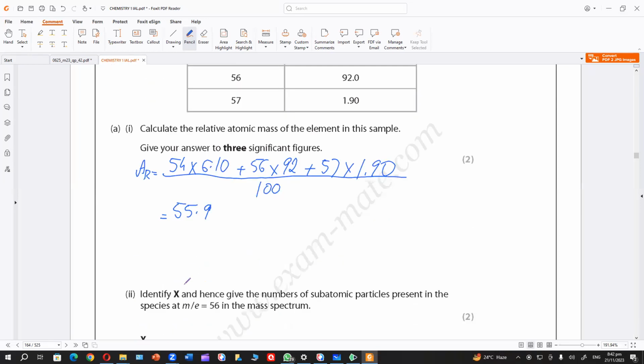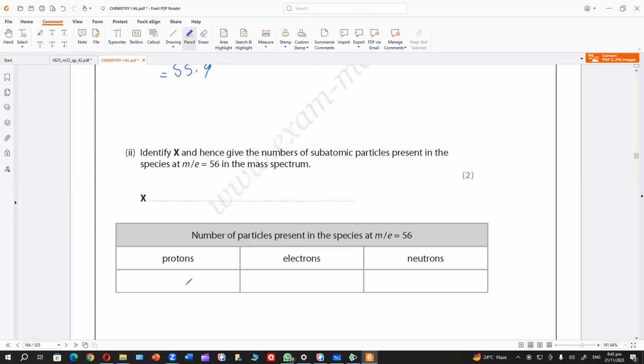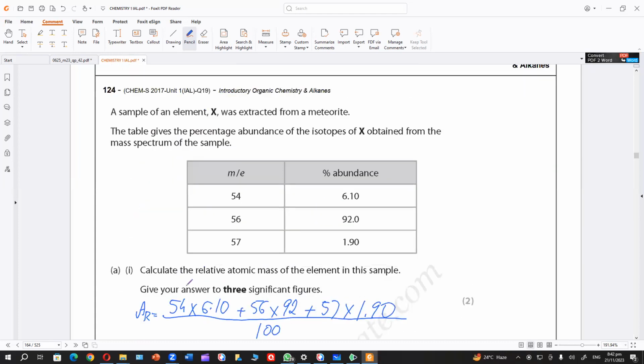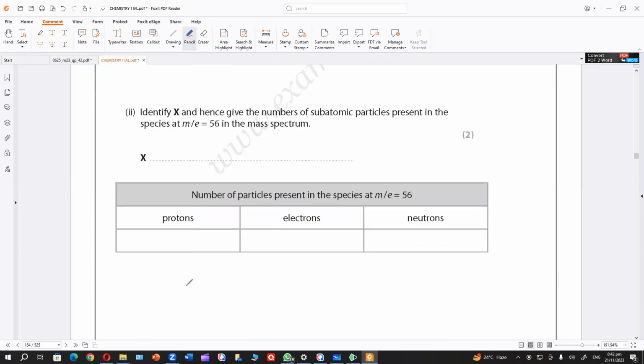Could you go to part number 2? Identify X, hence give the number of subatomic particles present in the species at m/e 56. So is it asking which... okay, it's identify X.